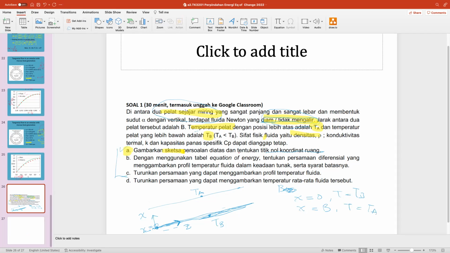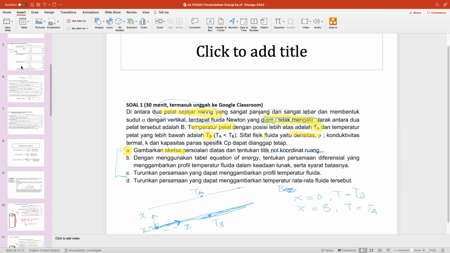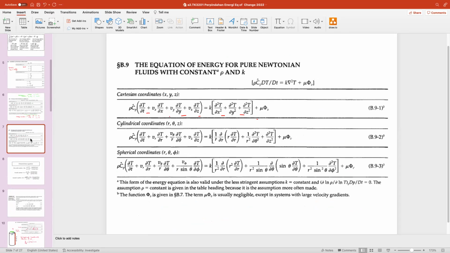The next question: using the equation of energy, find the differential equation that shows the temperature profile in a steady state and also the boundary condition. You got the boundary condition here already. And then we want to see the table of equation of energy. There are table B8 and also table B9.